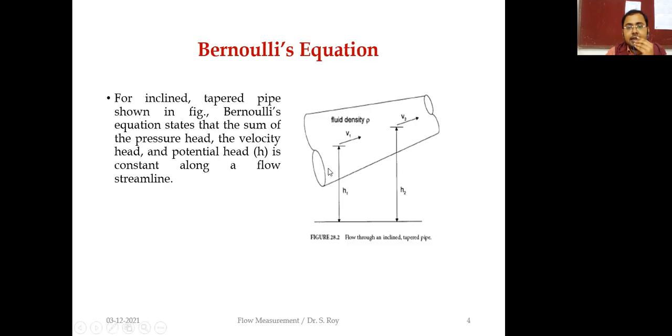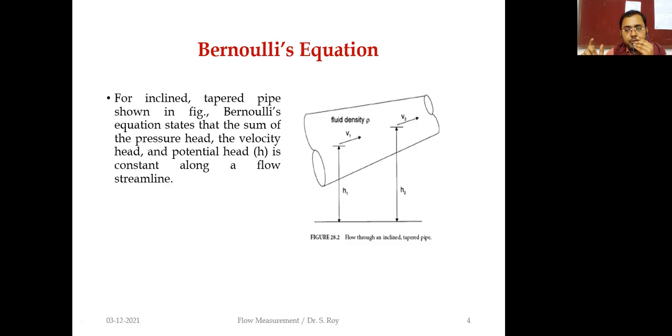If I consider 2 points, here is point number 1 and here is point number 2, then we can clearly observe that the heights of point 1 and point 2 are different, and that is only possible if the pipe is inclined. If the pipe is horizontal, then H1 and H2 for point 1 and point 2 respectively are exactly equal. So that is the first point.